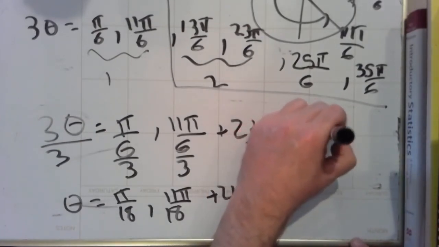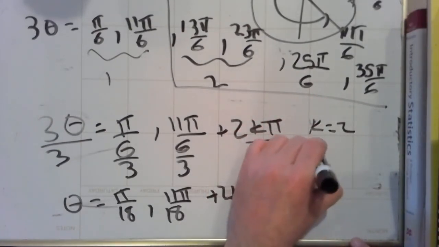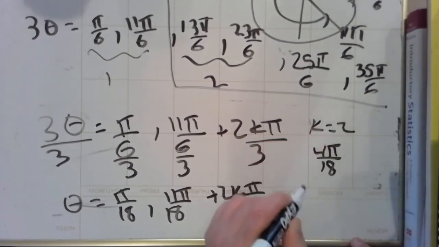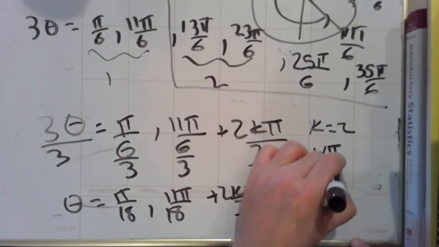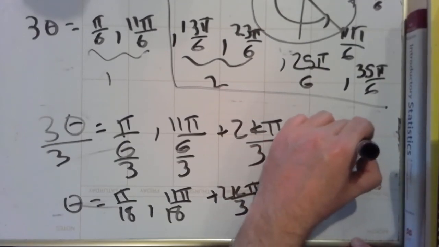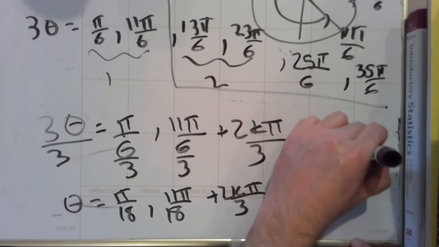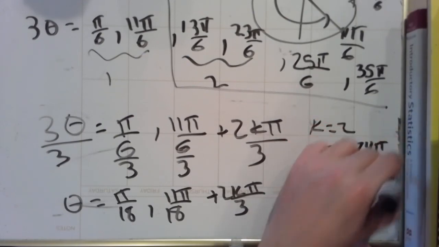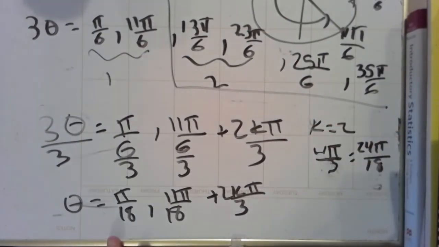When k equals 2, this would be 4 pi over 3. Multiply top and bottom by 6. That is 24 over 18. Add this guy and that guy to that. 25 over 18, 35 over 18. There would be all 6 solutions if we wanted all the solutions between 0 and 2 pi.